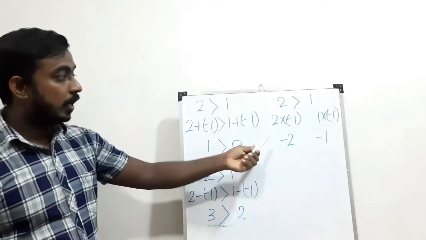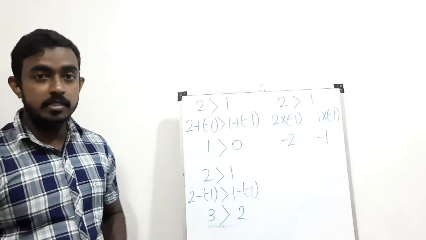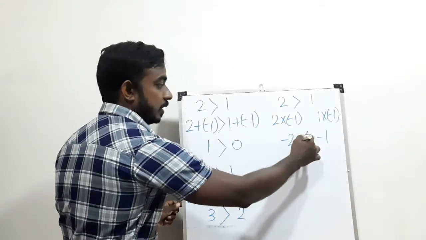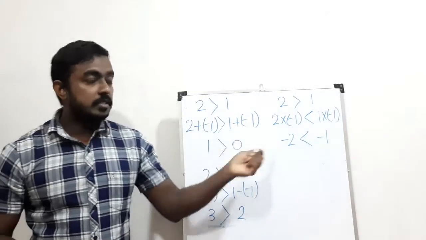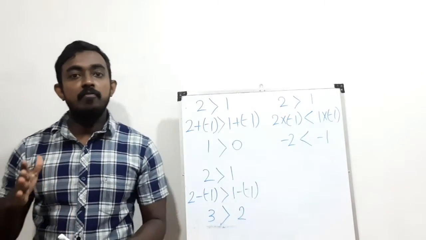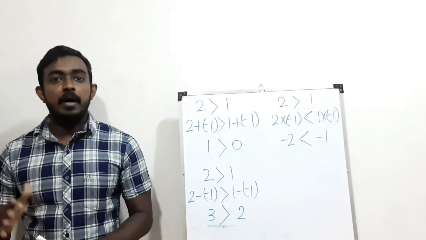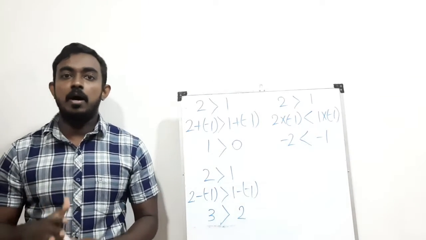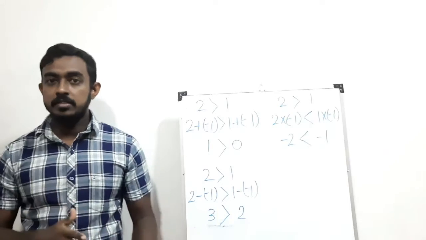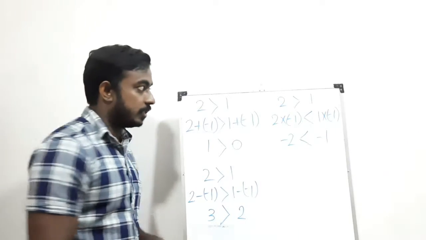Therefore, you know that minus 2 is less than minus 1. Now, as you can see, when we multiply by a negative integer, the inequality mark changes.